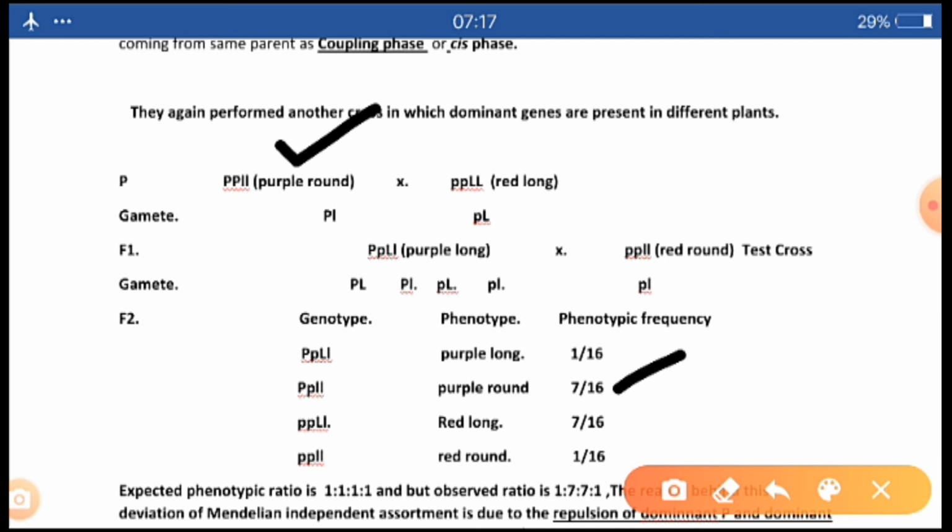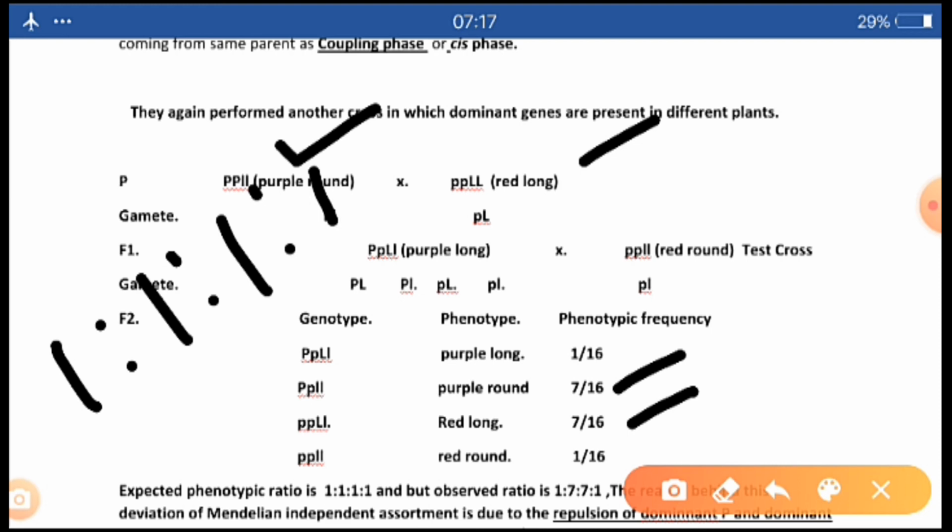Then another parental character, red long, it is again 7. The conventional ratio was 1:1:1:1, but here it is 1:7:7:1. Again, Mendelian principle is being violated.